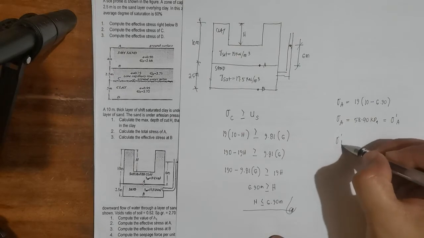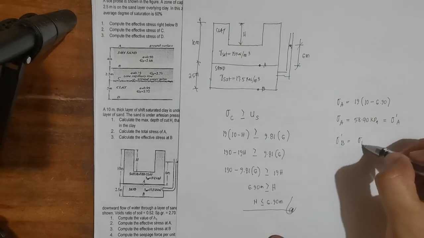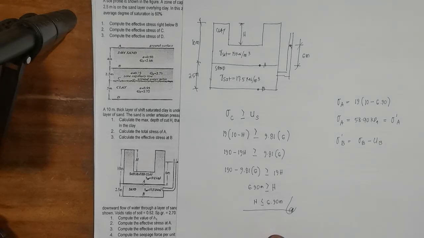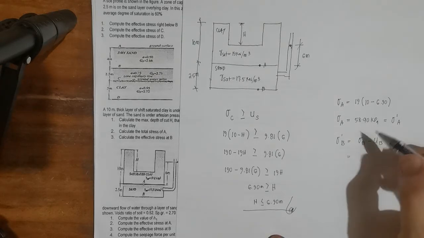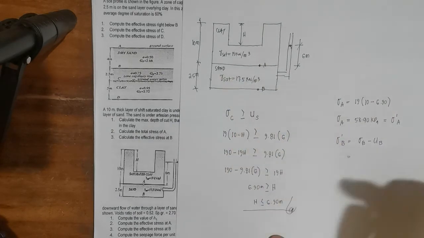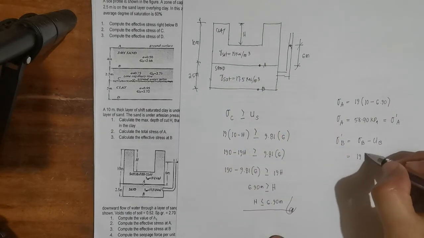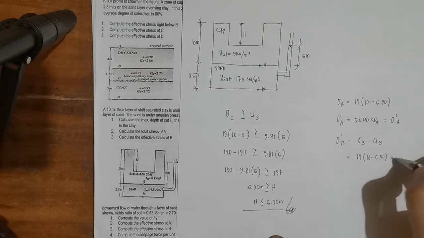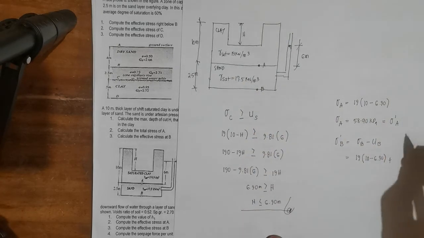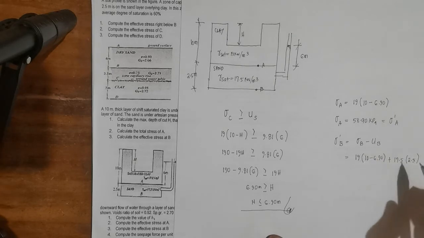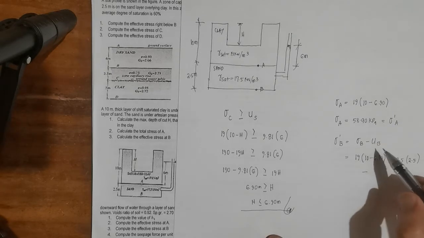Okay, next one. Calculate the effective stress at point B. So effective stress at point B is total stress minus water pressure at point B. Solve first for the total stress. From this point to this point, we'll consider 2 layers of soil. So that is 19 times 10 minus 6.9 plus sand layer 17.5 times a thickness of 2.5. That will be our total stress minus water pressure.